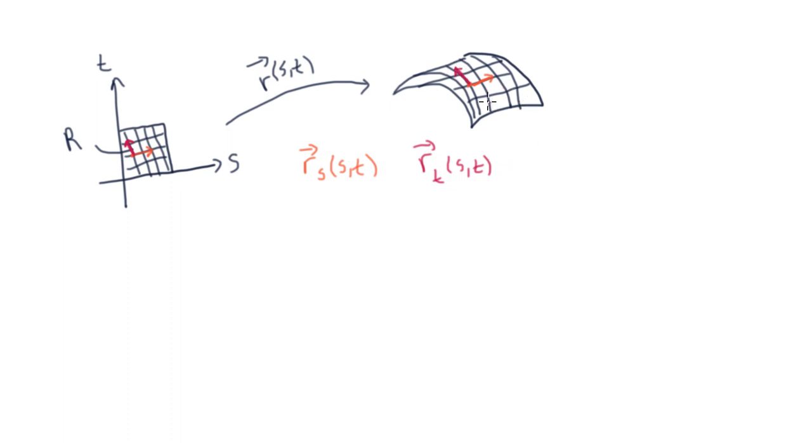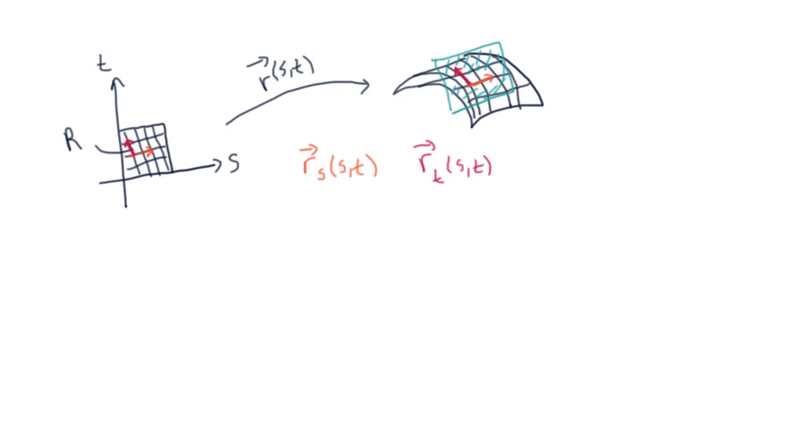But what that means is these vectors, assuming that they're not both 0, lie in the plane that's tangent to the surface. And that's really cool because this is actually going to give us a way to figure out the tangent plane at a point on the surface.